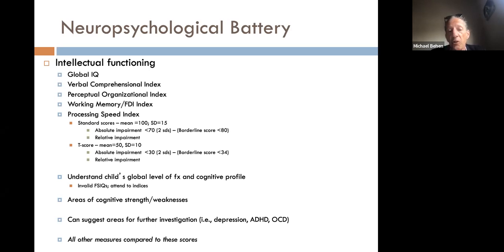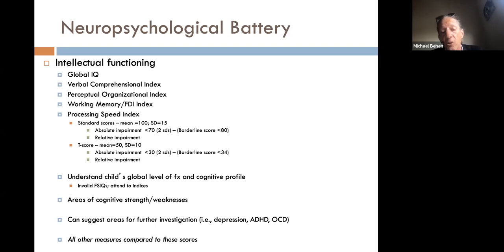So someone who has, for instance, a nonverbal reasoning score of 100, that's a score well within normal limits, right? But then we might see language scores less than 80 or less than 70. That's an area of normative and also relative weakness. It's much lower than we would expect given their nonverbal score.